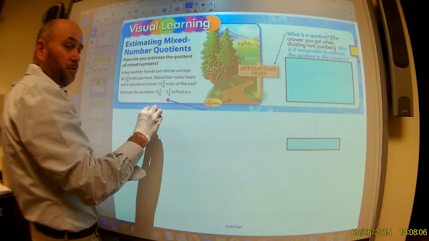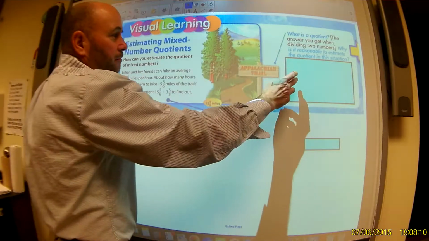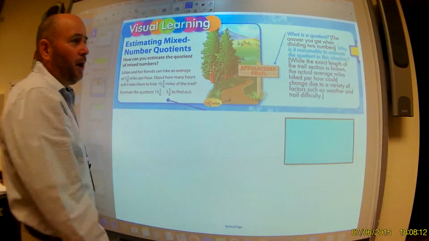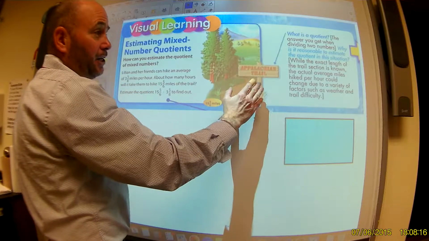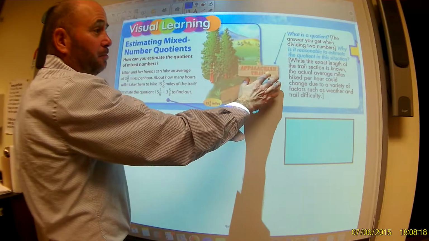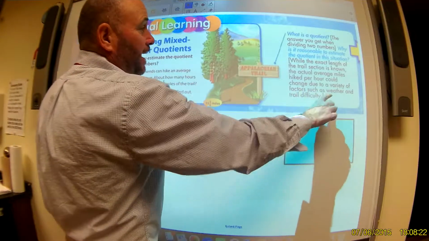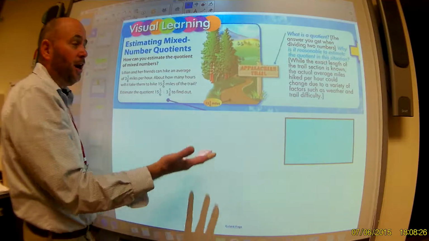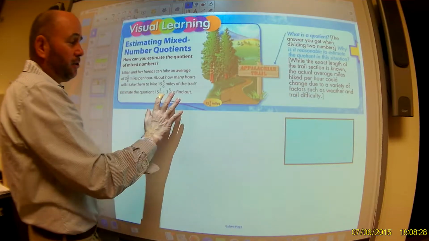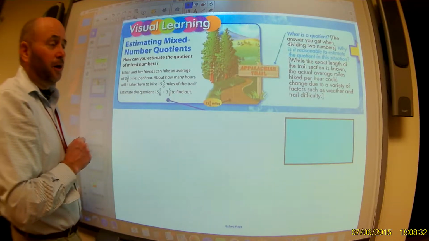Well, while the exact length of the trail section is known, the actual average miles hiked per hour could change due to a variety of factors such as the weather, the trail difficulty, even how tired they are. So that's why an estimation would be reasonable in this situation.